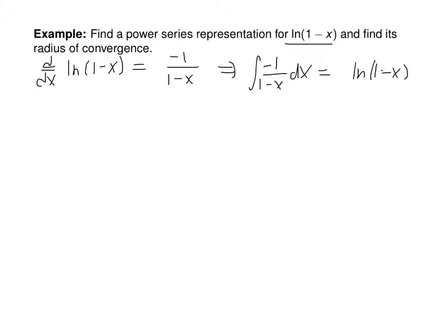So if I find a series for negative 1 over 1 minus x, and then anti-differentiate it, I will have a series for ln of 1 minus x. So negative 1 over 1 minus x will equal a sum from n equals 0 to infinity negative 1 x to the n.